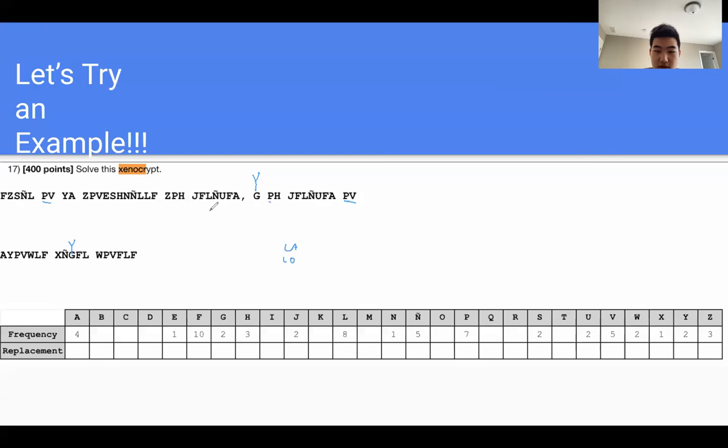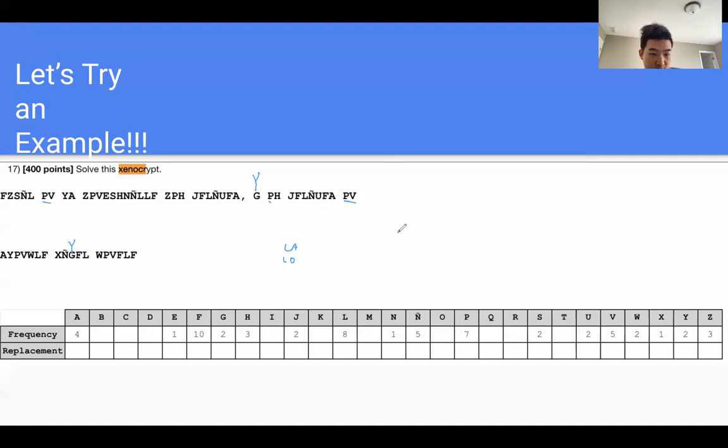The thing about Spanish though, what do you exactly mean is E in Xenocrypt? Oh, like I? Yeah, it's kind of similar like that.